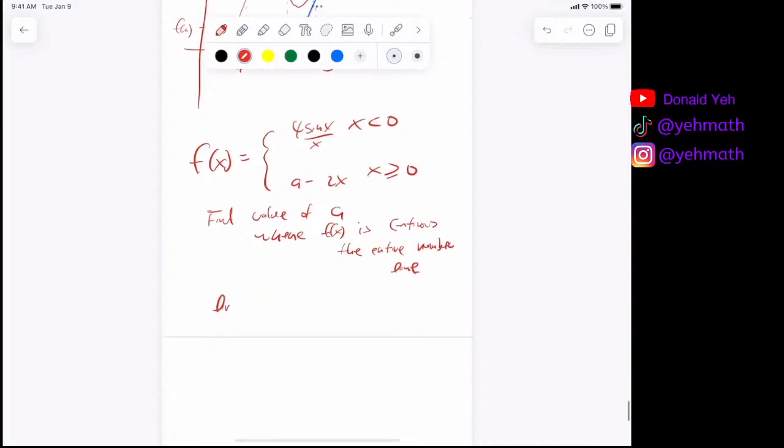The limit as x approaches 0 from the left of 4 sine x over x equals the limit as x approaches 0 from the right of a minus 2x. You actually have to approach from both ends using the limits. What happened on the left hand side? The limit's 4, okay. And on the right hand side it's going to be a, right? So a is equal to 4.